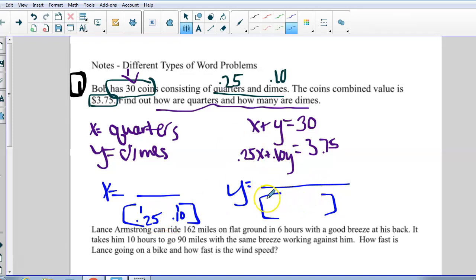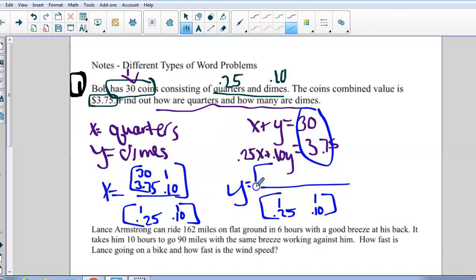And then my y matrix on the bottom is the same, 1 with 0.25 and 1 with 0.10. The top of my matrix for x is going to be my C values, which are my final amounts, so 30 with 3.75, and then 1 and 0.10.